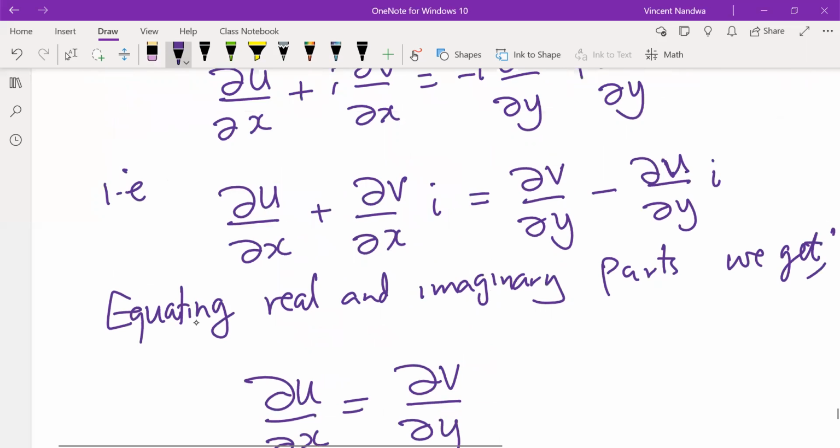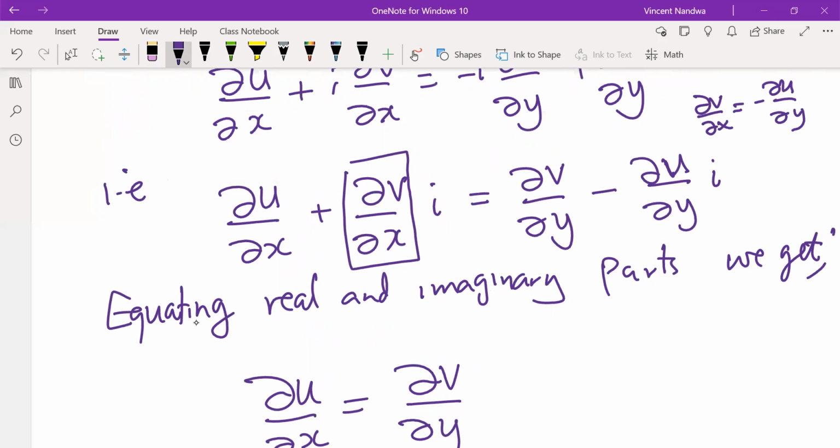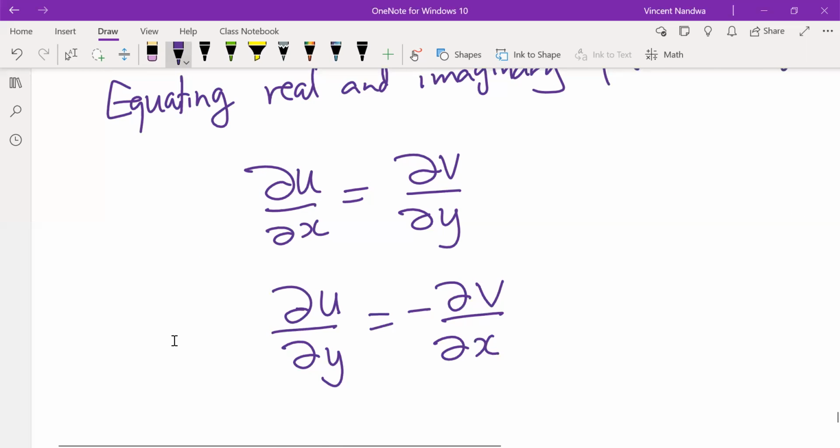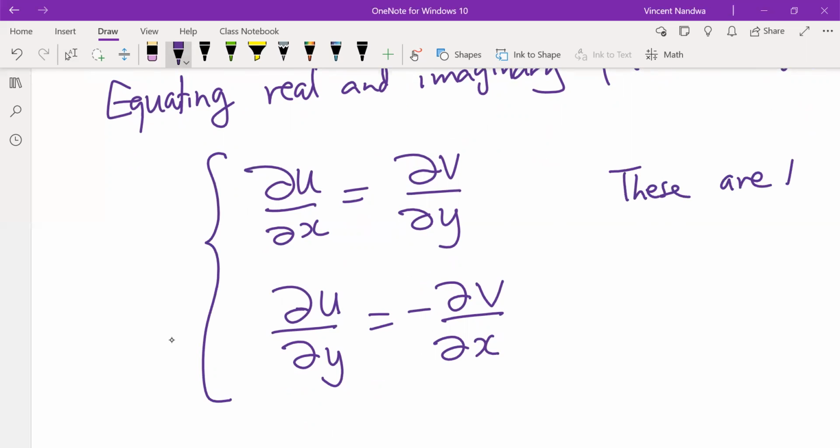So remember this is the same as this negative. So partial v partial x is the same as negative partial u partial y. So when we make partial u partial y the subject, then negative will be on v x. So these two equations are what we call the Cauchy-Riemann equations, CREs.